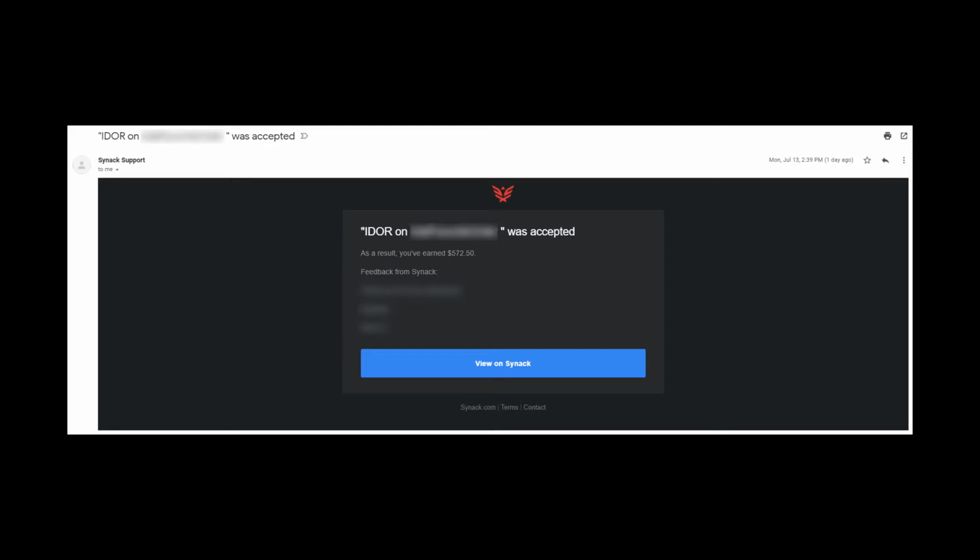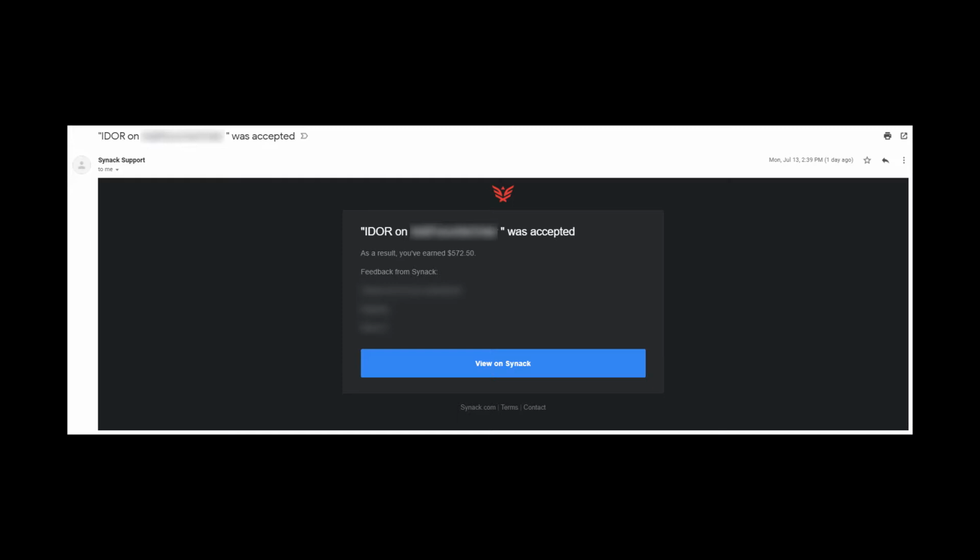So I tried again to find out what the problem was, and that's how I concluded that it won't work the moment it finds data that's not available or does not exist. And finding this bug allowed me to earn $572.50. So yes, that's my fourth bounty.